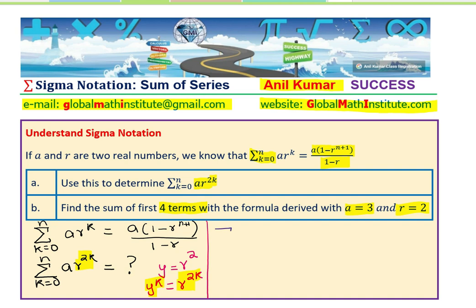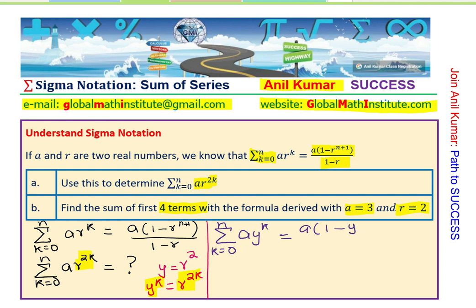So now we can write the summation as sigma k equals 0 to n of a y to the power of k. Instead of r to the power of k, we now write y to the power of k, and we know the formula, which is a times 1 minus, instead of r, it is y now, so y to the power of n plus 1, over 1 minus y.